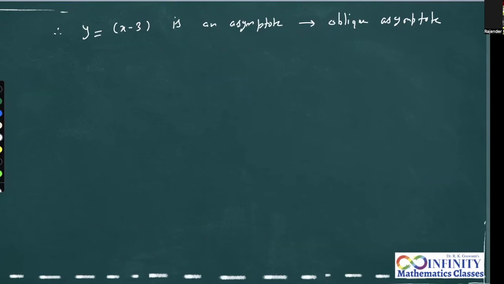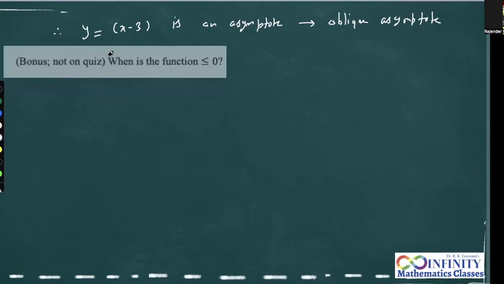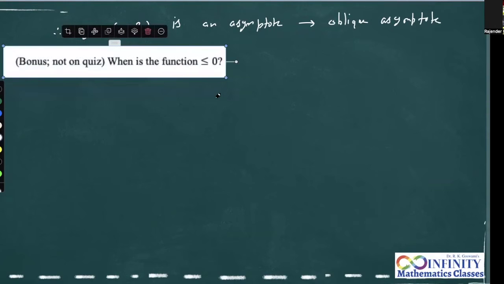Sorry, basically I'm not able to get this statement, holes. Let me check what is the meaning there. If I can understand the meaning, then I can tell you. For the time being, let me take you to the next bonus note on quiz.